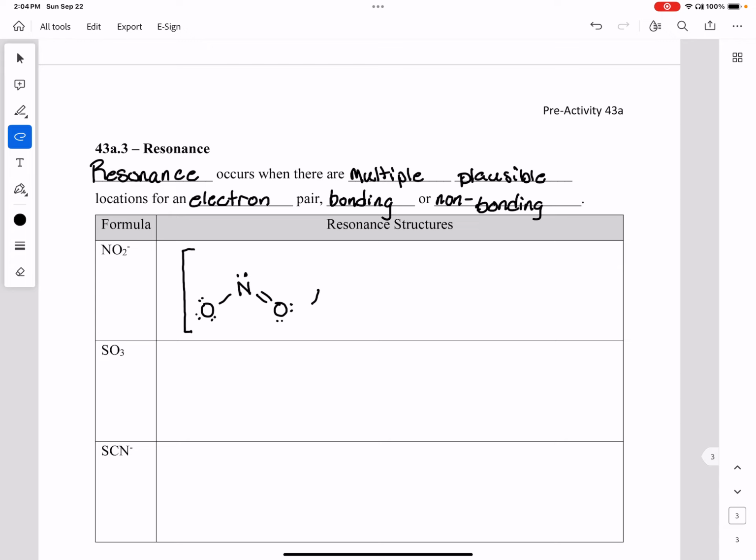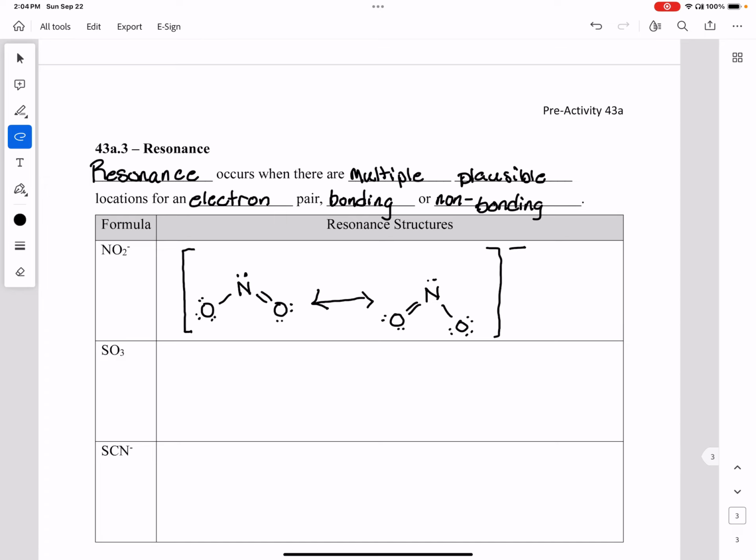Now we'll draw this double arrow. And we have our other resonance structure where the double bond is on the other oxygen. And then we'll close the bracket and put our minus charge outside.